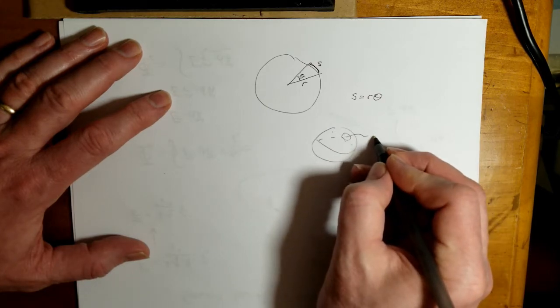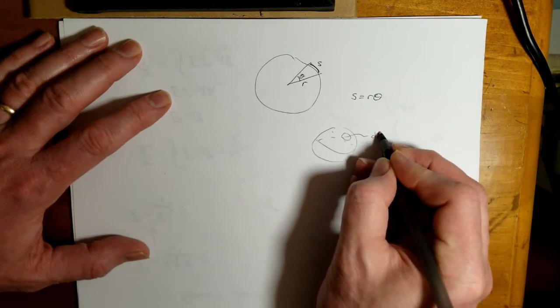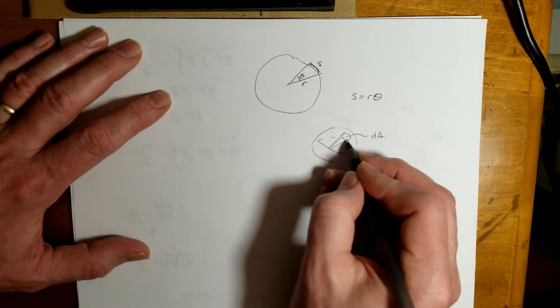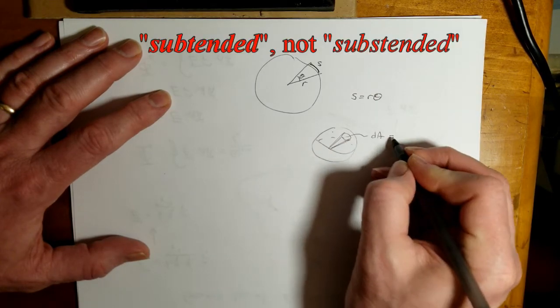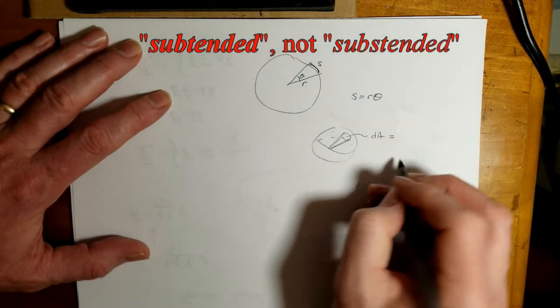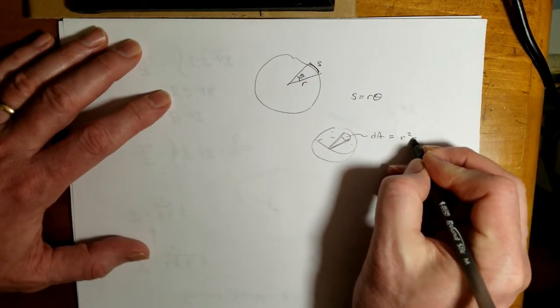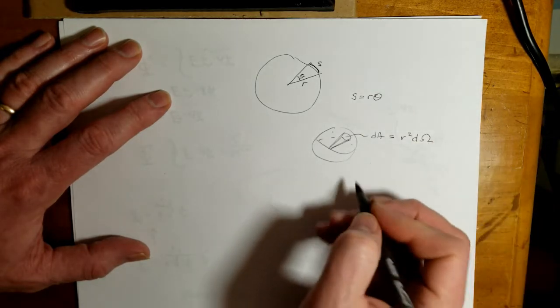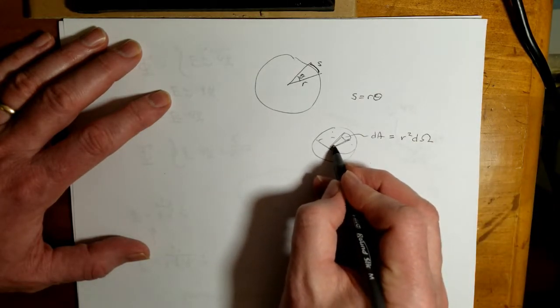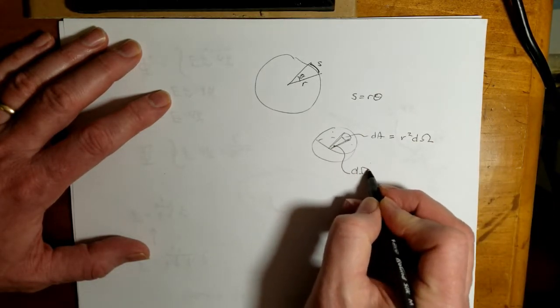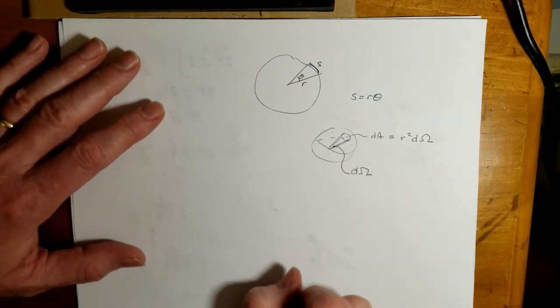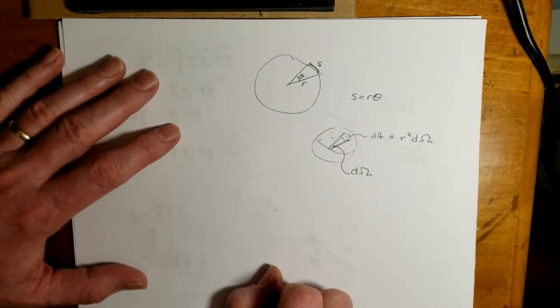If this little patch here is dA, my surface area, that corresponds to s, is equal to r squared d capital omega. So this angle right here is d omega. That is the angle that's subtended by that little patch right there.